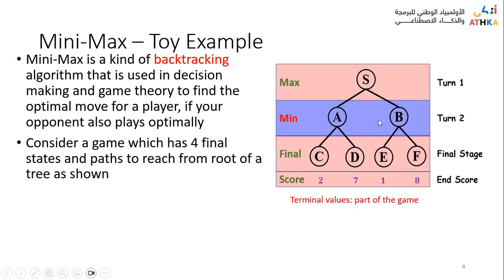And the minimizer tries to minimize the utility. And we need to consider the minimizer's choice in order for us to get to the maximum utility that we can. So this is basically a backtracking algorithm where if you know how the game goes, okay, and mostly we do know how the games go, like the tic-tac-toe.